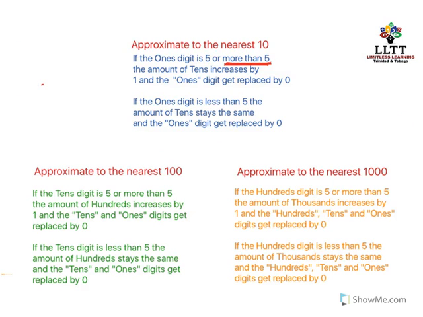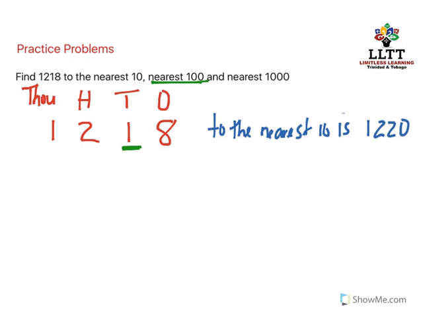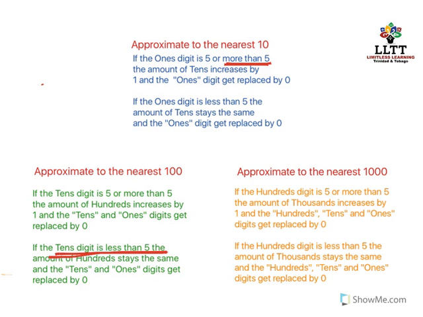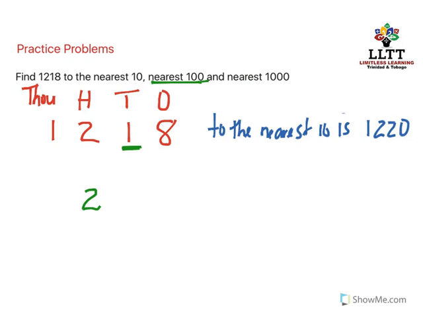So according to our rules, if the tens digit is less than 5, that means the amount of hundreds remains the same at 2. And then we are going to replace tens and ones with 0. So tens will be 0, and ones will be 0, and then we put back our 1,000 as 1,000.